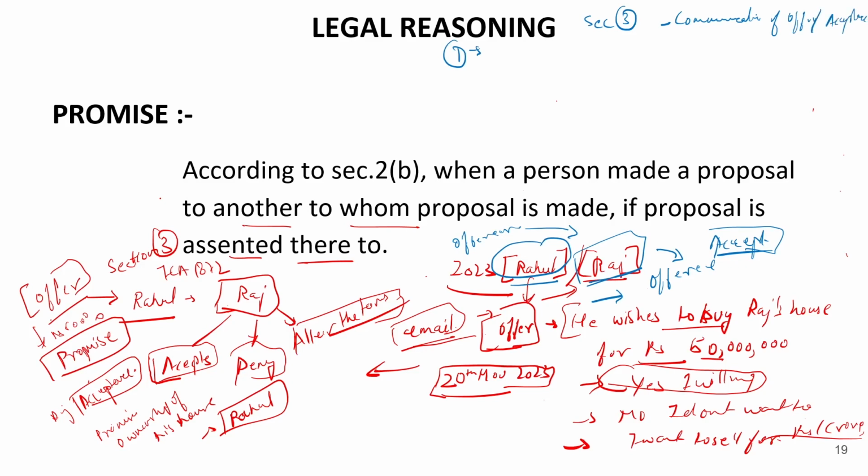Until we are sure how we are going to communicate our offer and acceptance, merely thinking that I want to sell my house for 10 lakh rupees to Raj, or to XYZ person, won't be considered an offer until that offer is communicated. So Section 3 tells us how the communication is going to take place. The first and foremost thing mentioned under Section 3 of the Indian Contract Act 1872 is that there should be an intention.